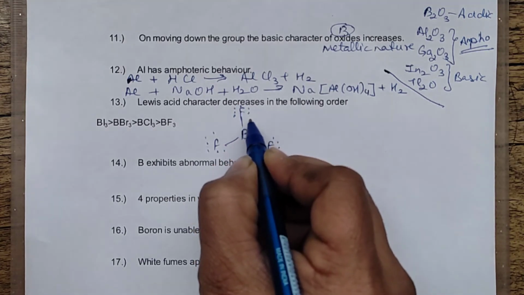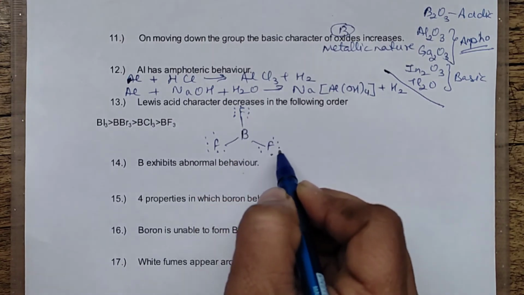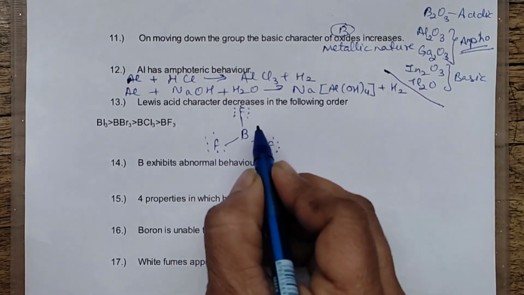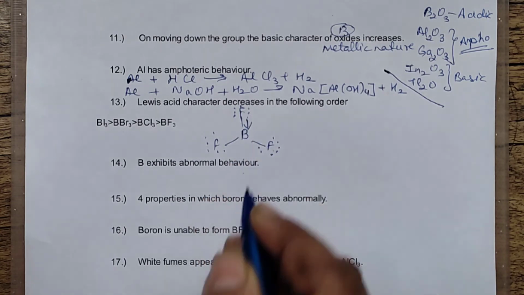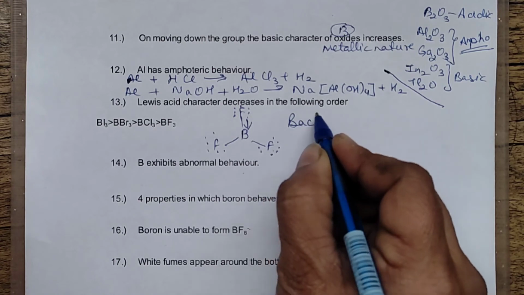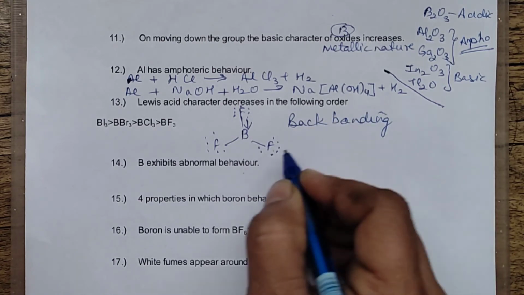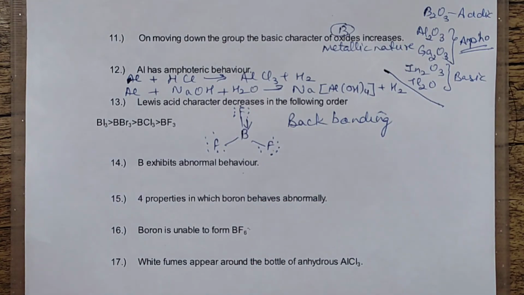Because of the small size of fluorine, these electrons are given; 7 electrons are there on each. So because the size of fluorine is small, there is a possibility of back bonding in BF3, due to which the lone pair, or you can say the non-bonding electron pairs on fluorine, can be donated to the central atom.